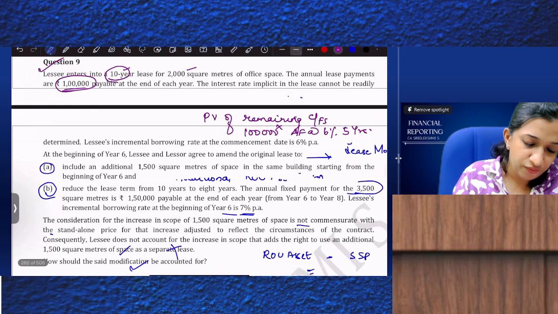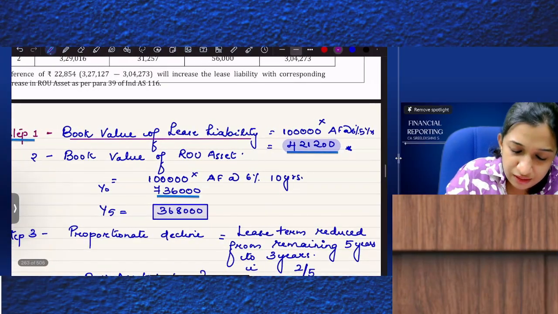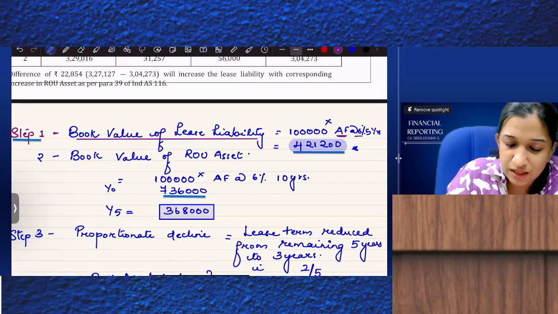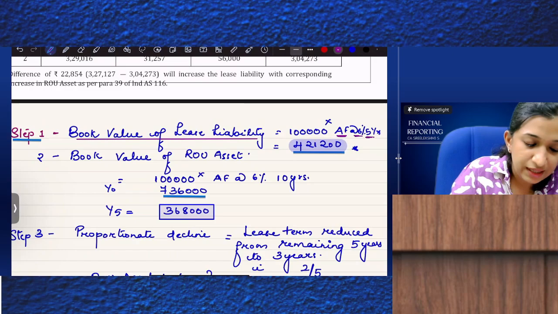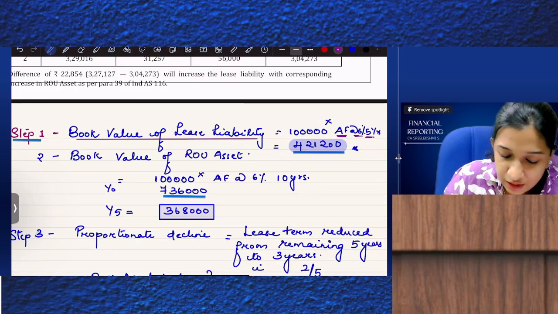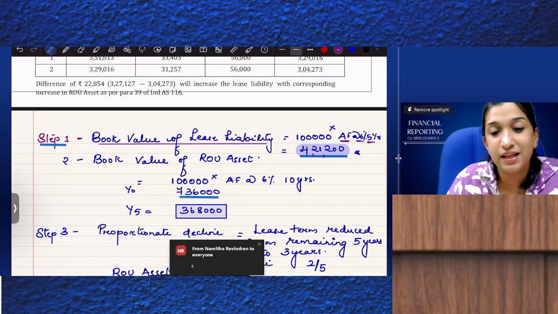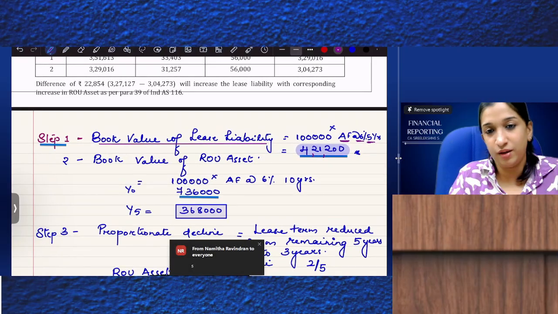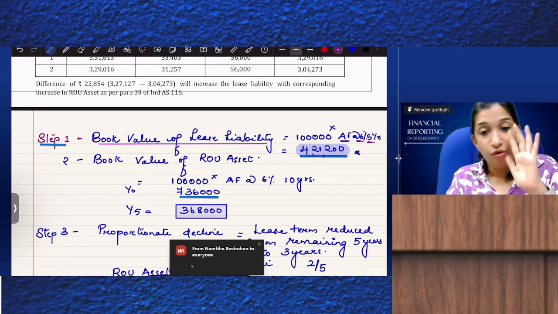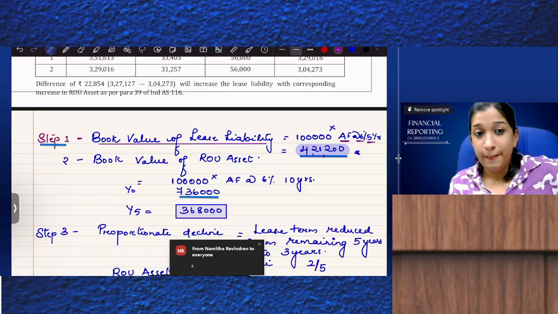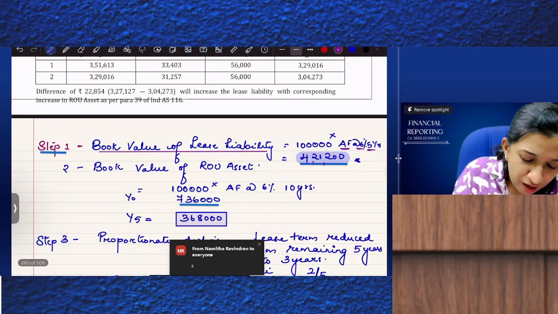So your lease liability is 4,21,200. Book value of lease liability is 4,21,200.